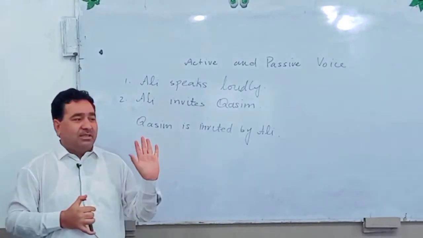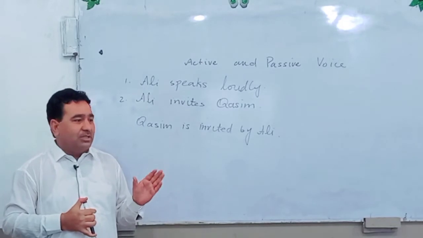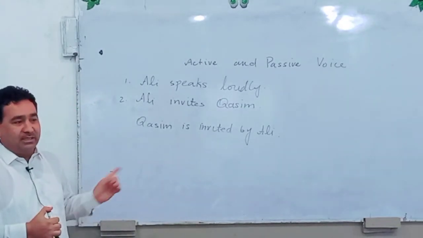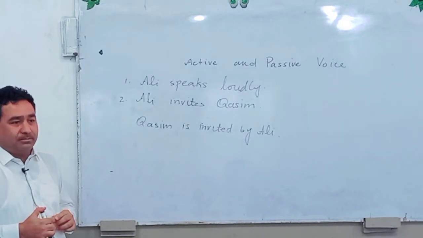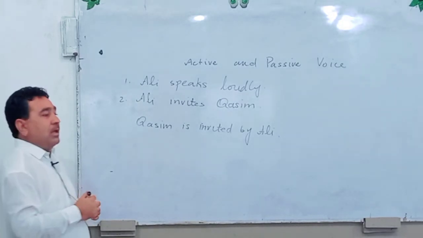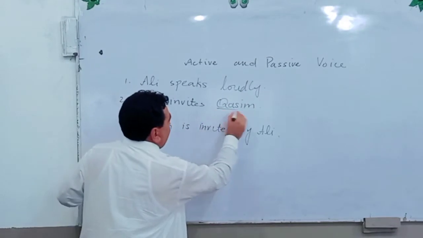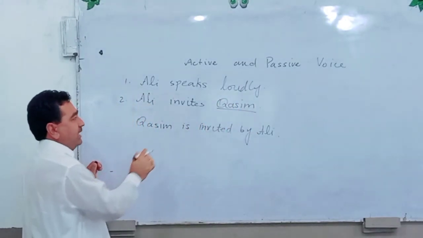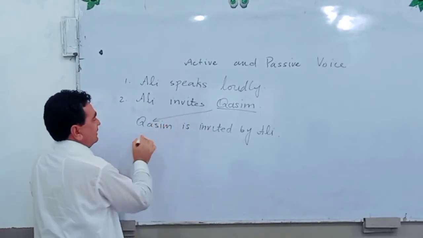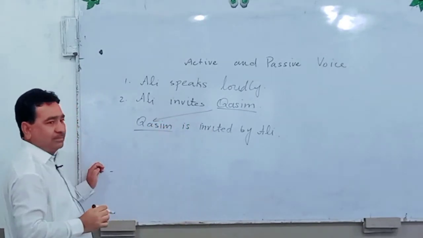Now, just look at the changes we have made in this sentence. What changes have we made here? Yes. Qasim, which was the object in the original sentence, has become the subject in the passive voice.